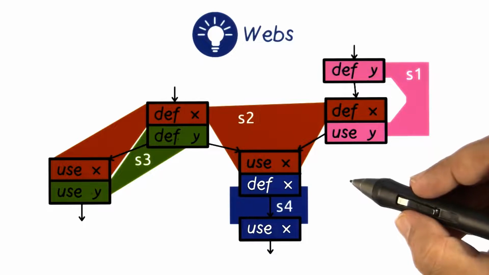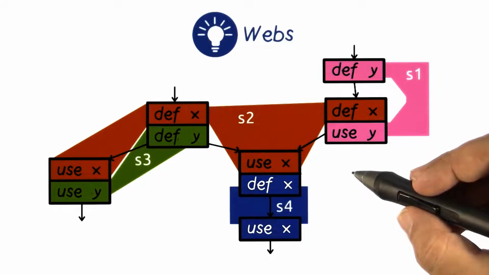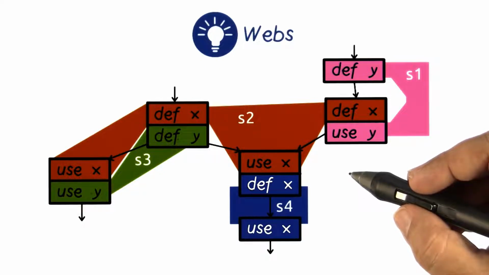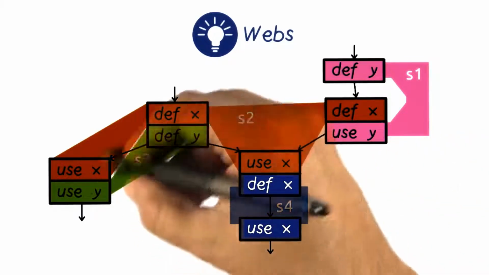So through this example you can see how the definitions and the corresponding uses would be tied up together to form a web. A simple algorithm can be thought of which traverses the control flow graph, isolates the definitions and uses, and tries to find out which uses are reached by which definitions, and in turn which definitions are tied to which uses, and uses that to generate a transitive closure, and that forms a web.